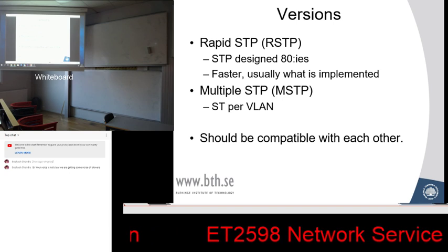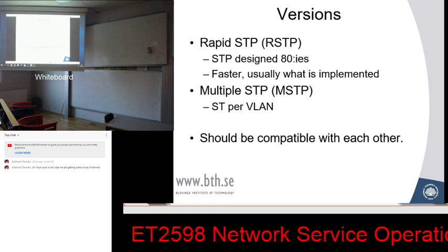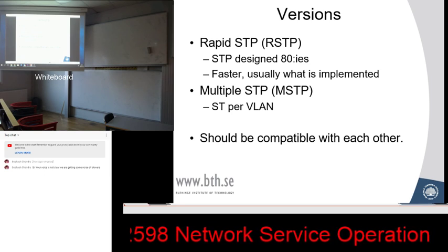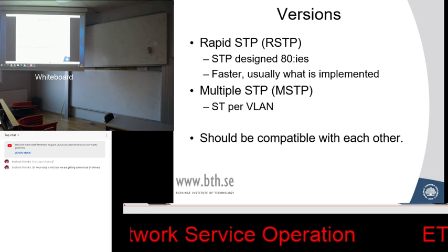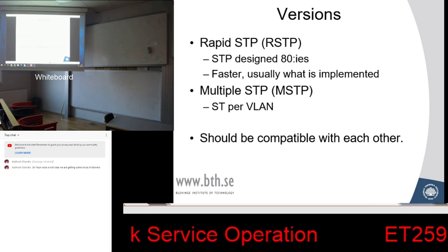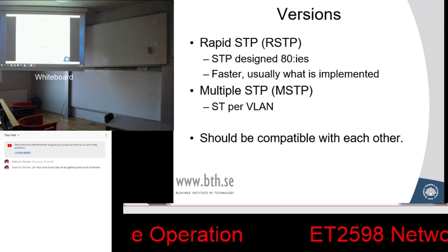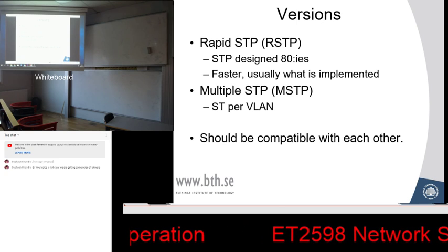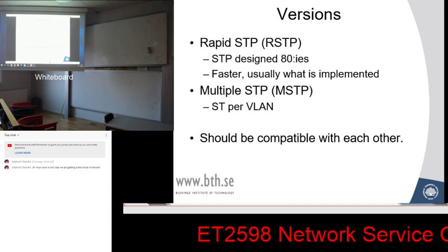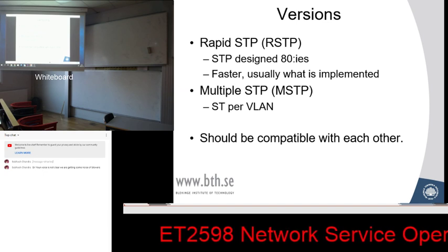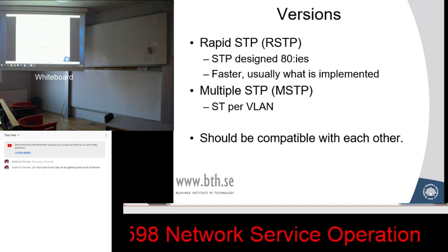By the way, you should be aware that you have standards and technologies, and sometimes a standard does not have the same name as a technology. For instance, Cisco could call this something different, Juniper could call it something different. That is just that manufacturer's implementation or version of spanning tree. They're supposed to be compatible with each other.